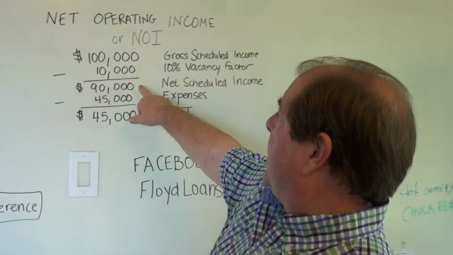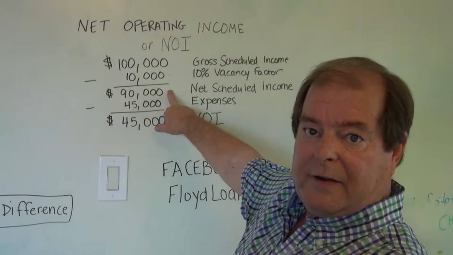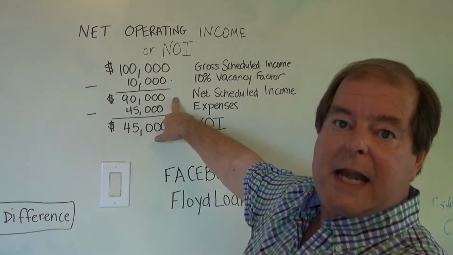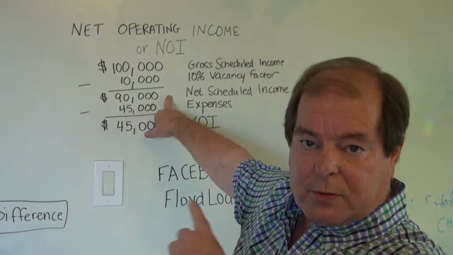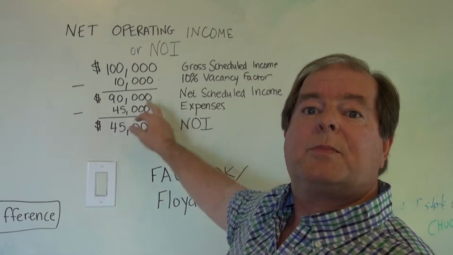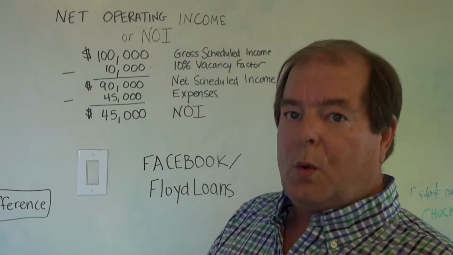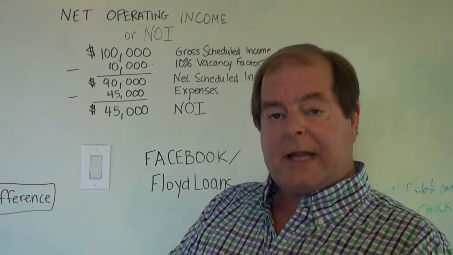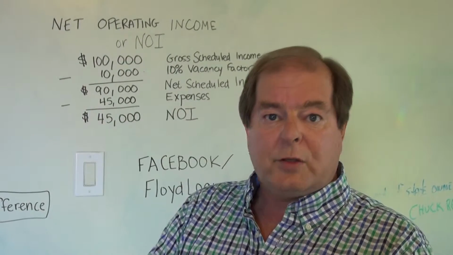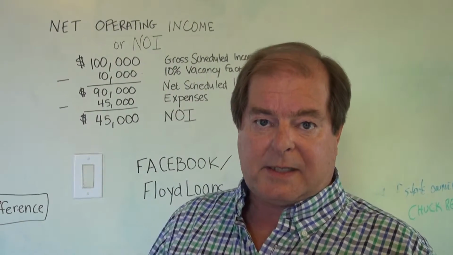Now when I subtract the vacancy factor out of your gross scheduled income, you come to the net scheduled income, which is $90,000, because I've subtracted the 10% vacancy. Now, out of that, we have to subtract our expenses. What expenses do we have? We have taxes, insurance, repairs, maintenance, utilities, all kinds of expenses that come up.